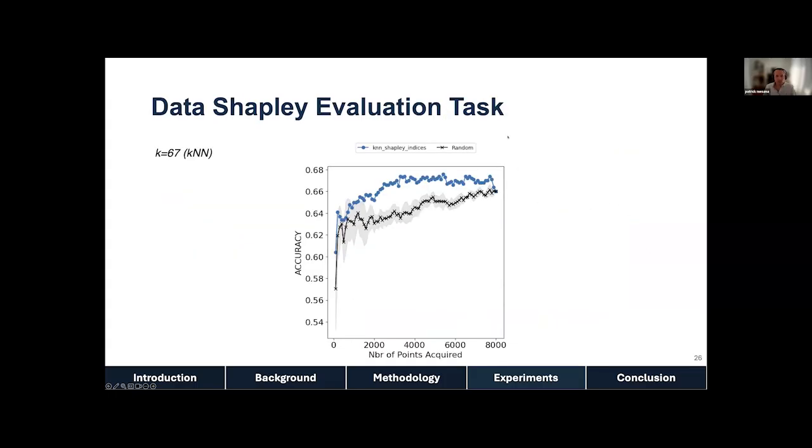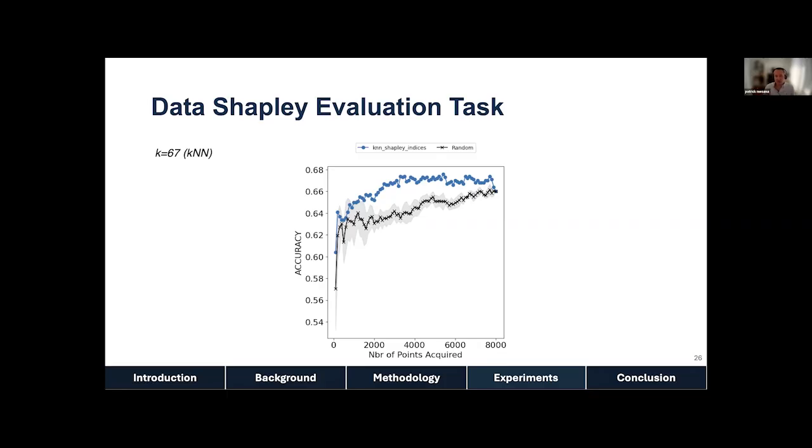So we started by just reproducing the data Shapley evaluation task that we can find in papers like Ghorbani and Zou, and Jia, where you simulate the data acquisition process. So the black line is a random strategy.